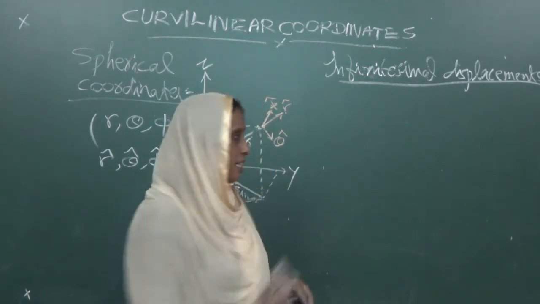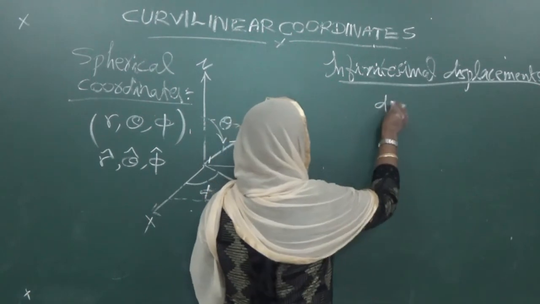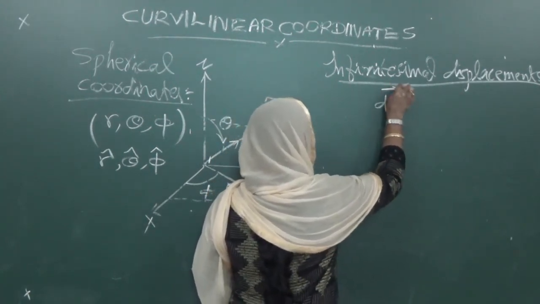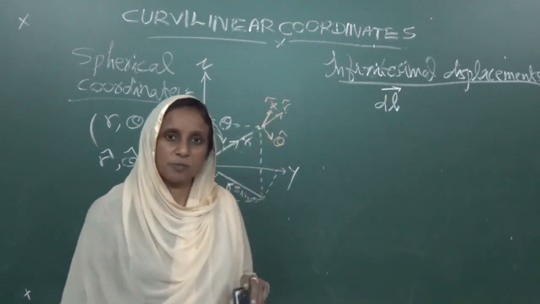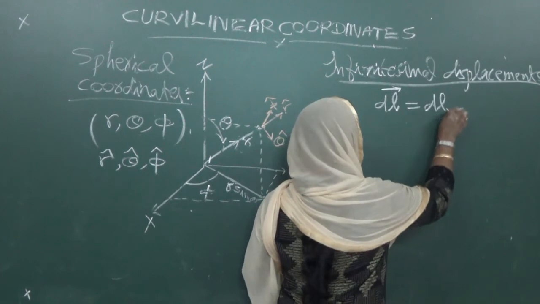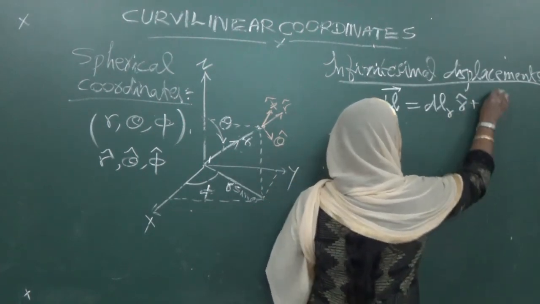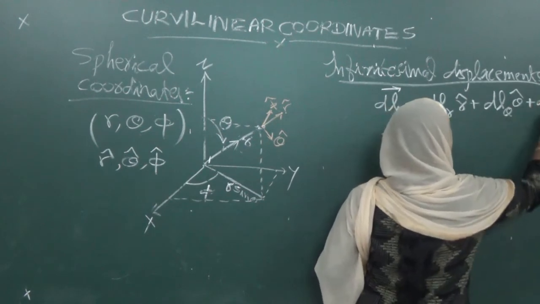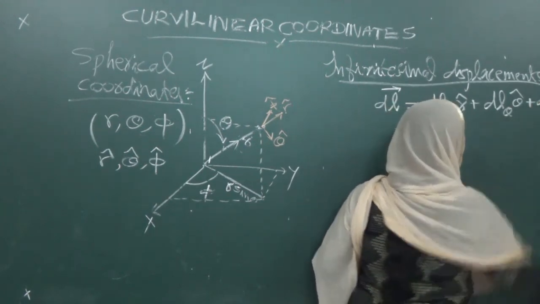We are very familiar with the expression itself. That means we need the infinitesimal displacement vector dl. This is equal to dl_r r cap plus dl theta theta cap plus dl phi phi cap.